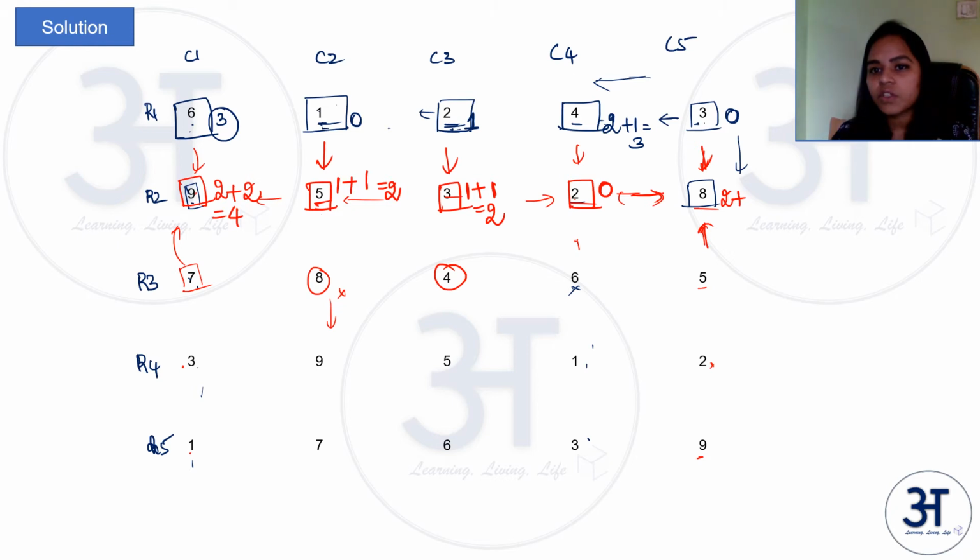In the row, 3 can reach 8, 5 can also reach 8, 2 can, and 9 cannot reach 8. So in the row there are 3 possibilities, 2, 3 and 5. In the column there are 2 possibilities. So total is 5 possibilities for 8.